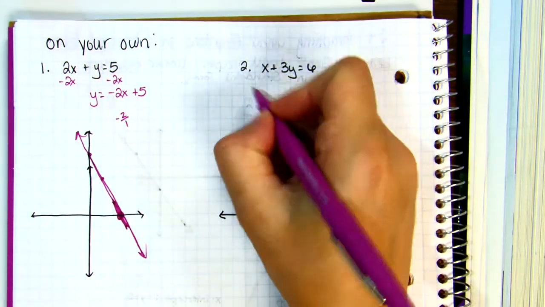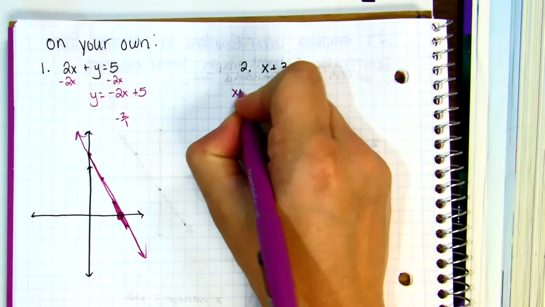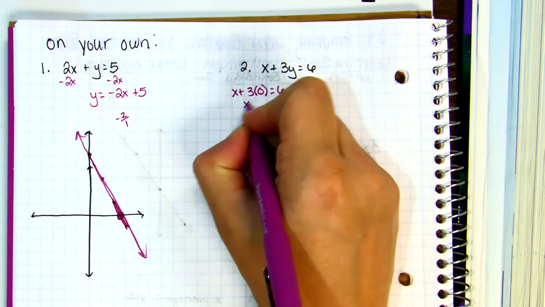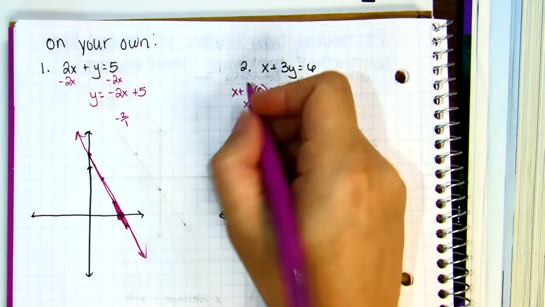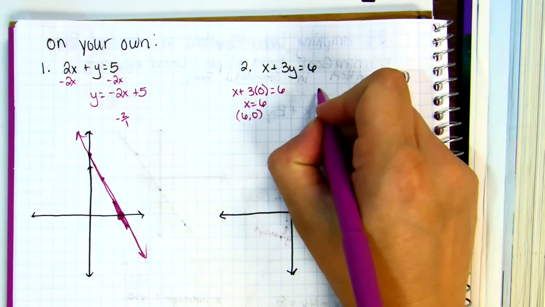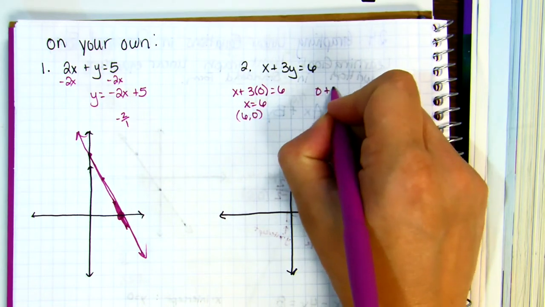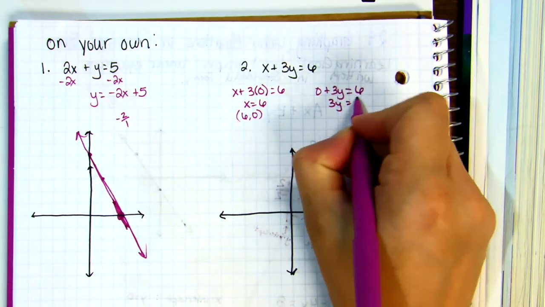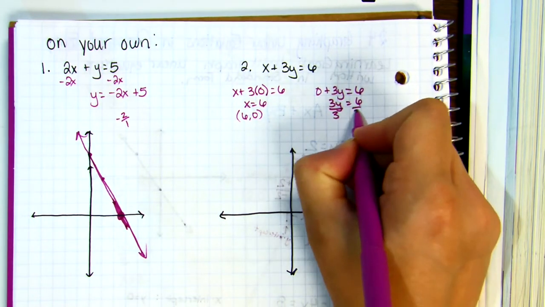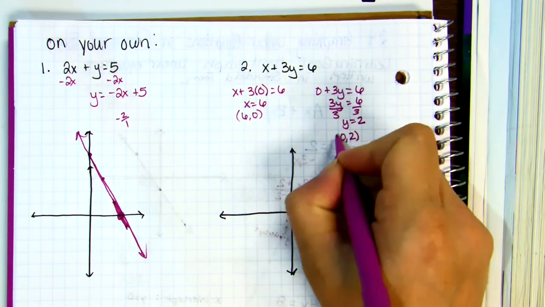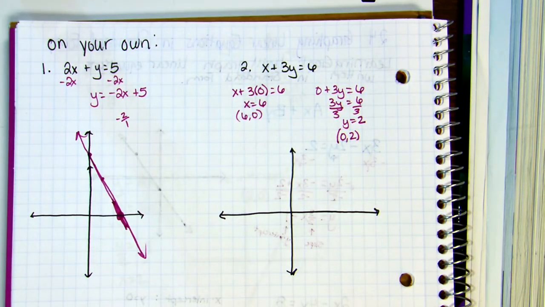Over here, first let's plug in 0 for x, or I'm sorry, for y to get my x-intercept. So x equals 6. That was easy. That means my intercept is 6, 0. And then let's plug in 0 for x to find the y-intercept. 3y equals 6, divide each side by 3. y equals 2, so my y-intercept is the point 0, 2.